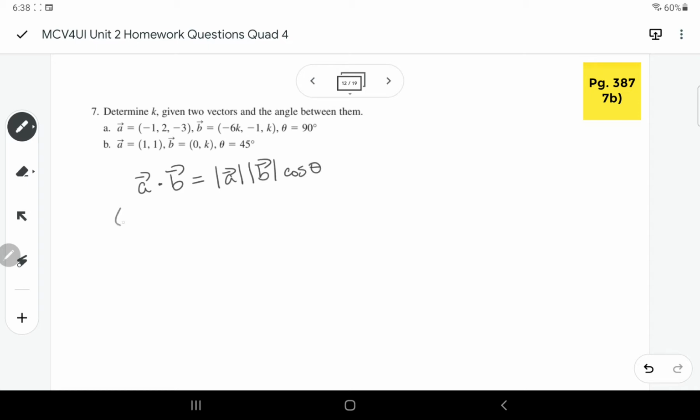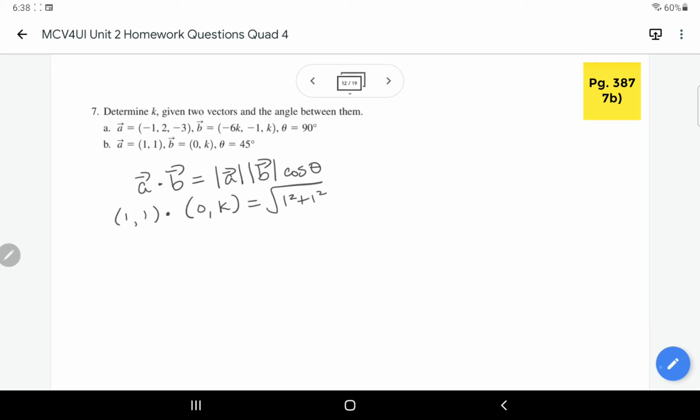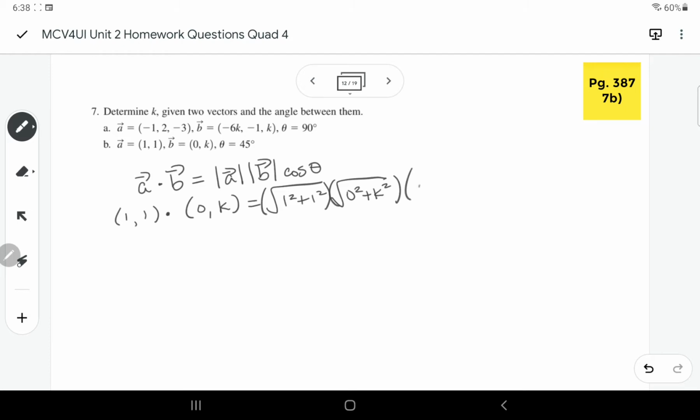So that's going to be (1, 1) dot (0, k) is the magnitude of A, so the square root of 1 squared plus 1 squared, times the magnitude of B, which is the square root of 0 squared plus k squared, times cos of 45.